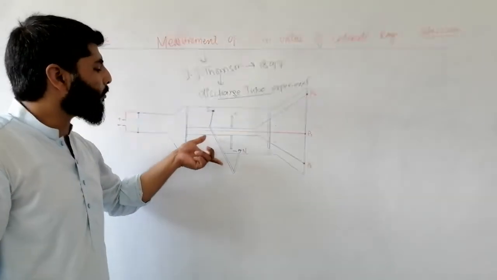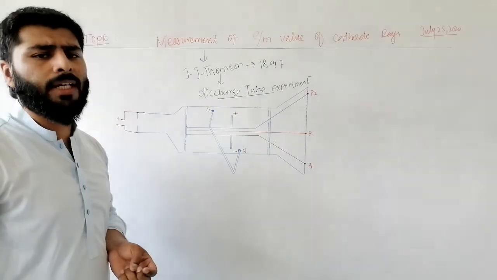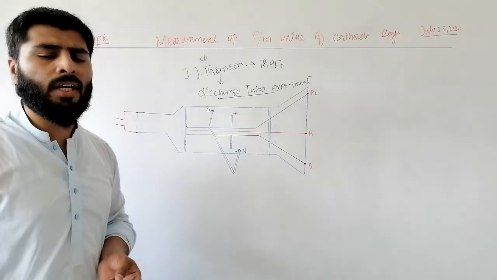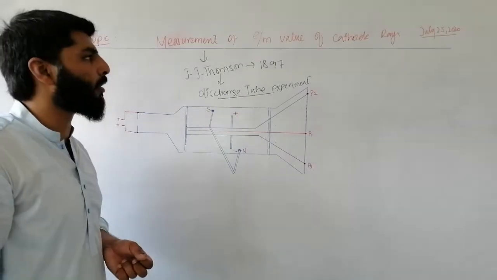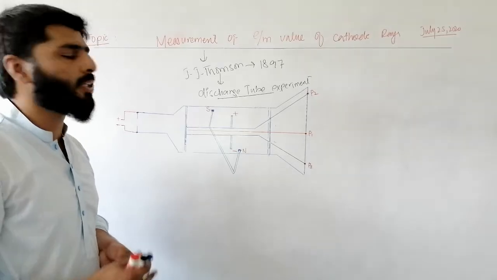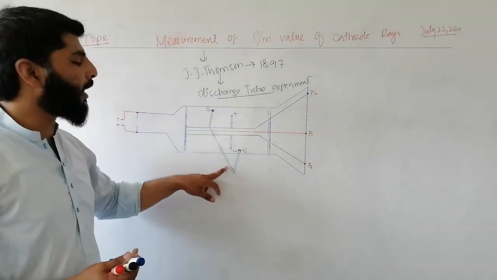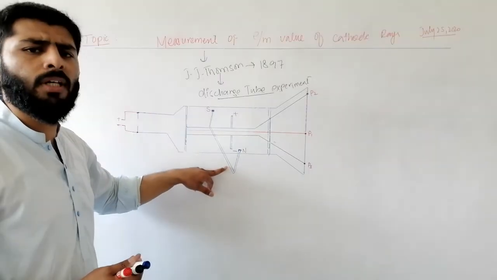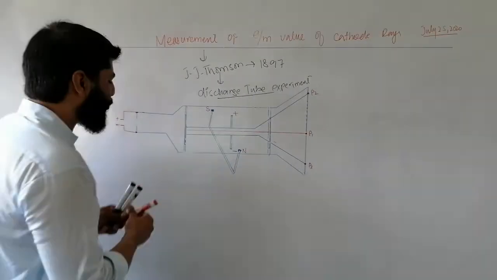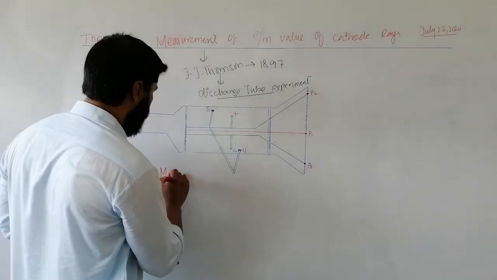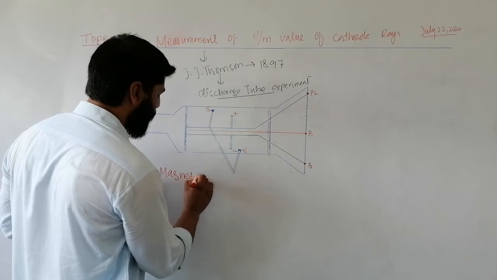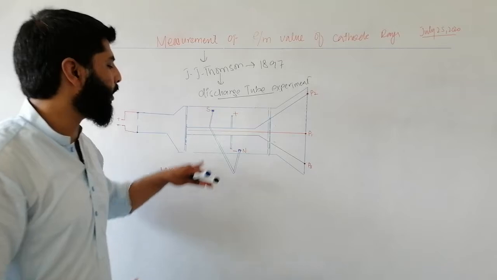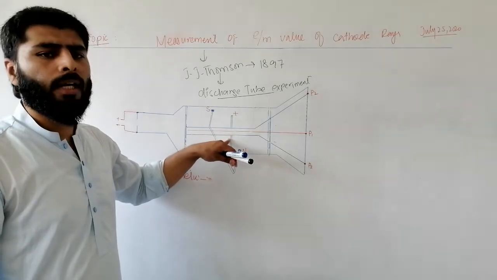He applied both electric field as well as magnetic field, one by one, in order to find the charge of a cathode ray. For this purpose, first of all, he applied a magnetic field, perpendicular to the electric field.